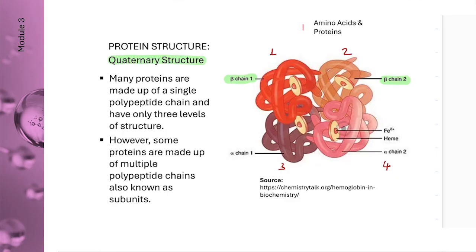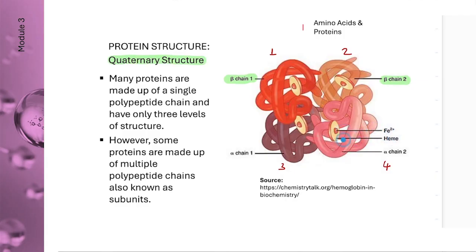A very good example is hemoglobin. Hemoglobin is made up of 4 subunits: alpha chain 1, alpha chain 2, beta chain 1, beta chain 2. On the subunits you have a place where iron binds and a place where the heme binds.